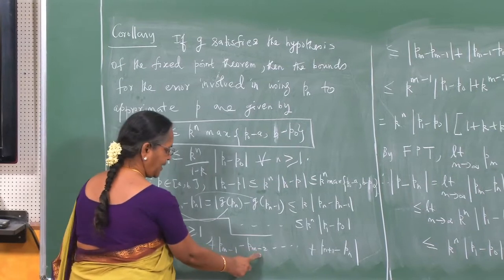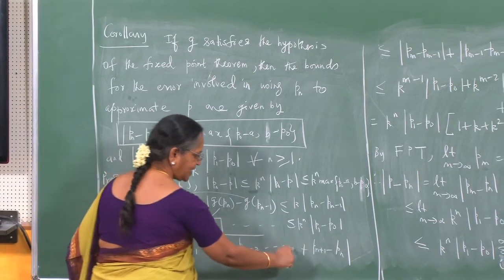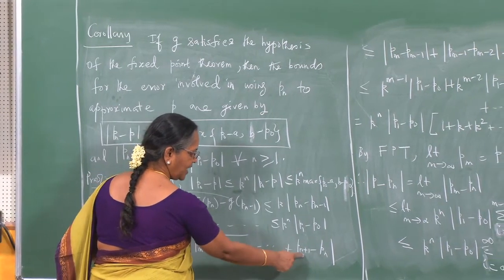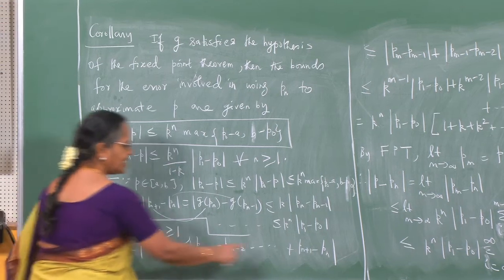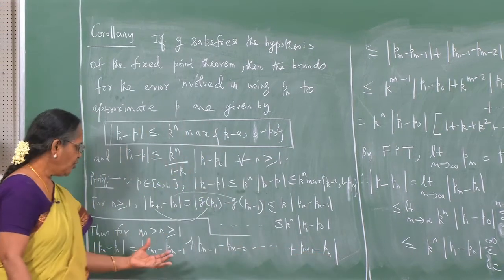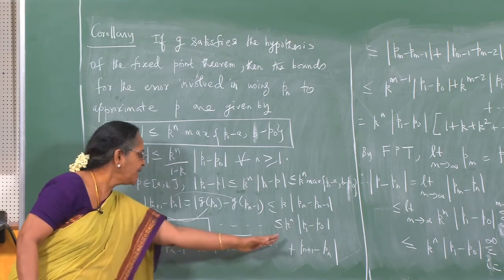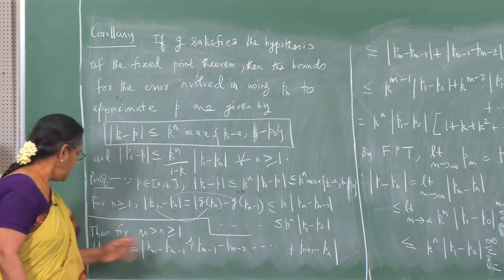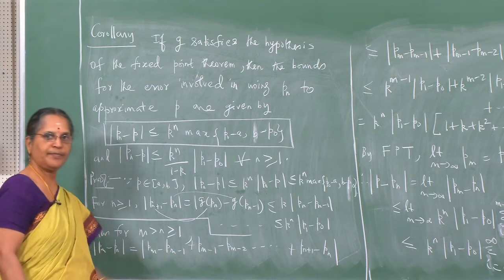I subtract P m minus 2, add P m minus 2 and continue. I subtract P n plus 1 and add P n plus 1 and then write down this which is minus P n. So, whatever I subtract I add, and therefore, I do not make any change in the left hand side, but I only rewrite this in this form.